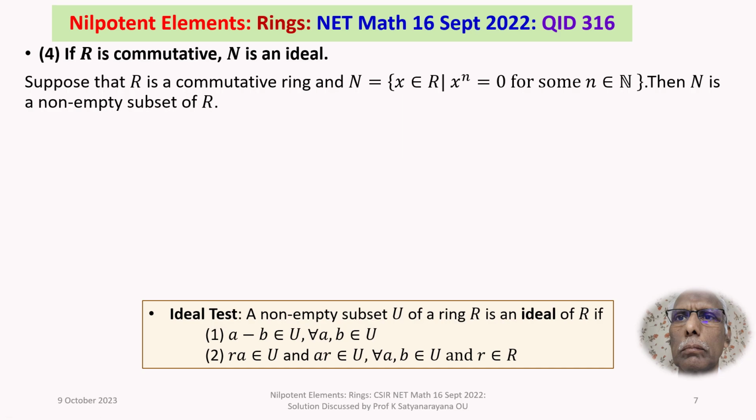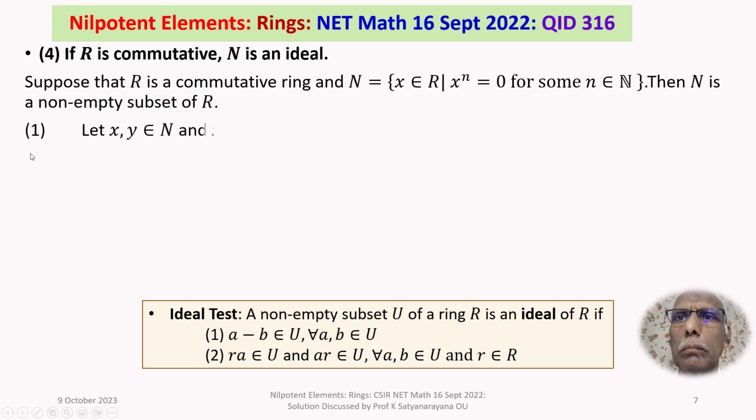Then (xr) to the power of n is equal to x power n, r power n, which is possible only when R is commutative. That is why we thought that R is commutative will work here. And anyway, to say that N is an ideal, we recall the ideal test here.